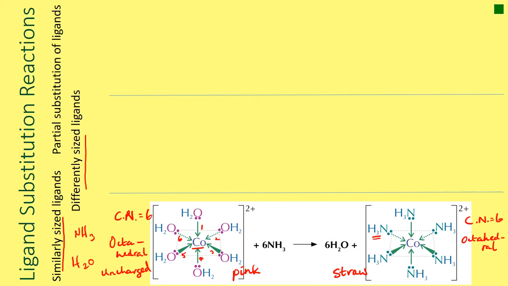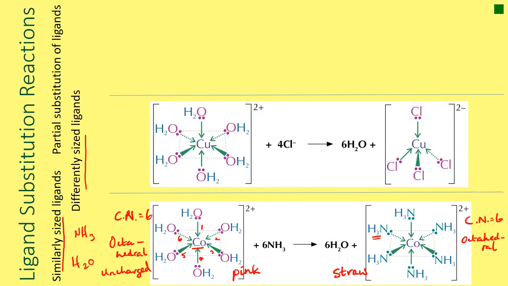So here's an example where we've got copper complexes. On the left we have water ligands, which are quite small molecules, compared to on the right we have chloride ions, which are larger than the water molecules. All right, so we're going from small ligands, water, to larger ligands, chloride.